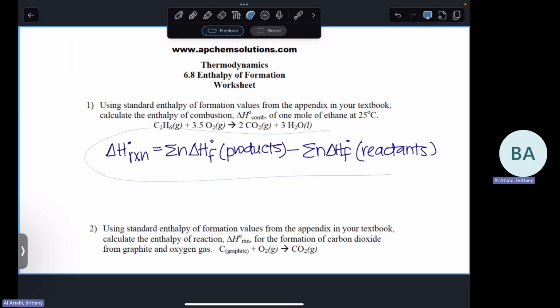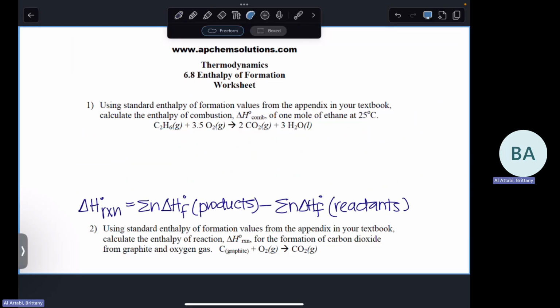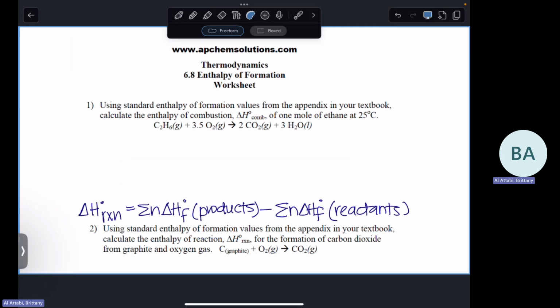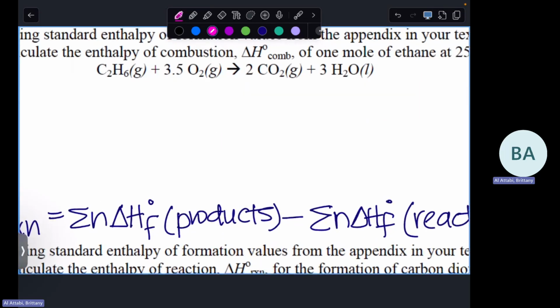All right, so we are going to go to this table that I just pointed out to you, and we are going to find the standard enthalpy of formation or standard heat of formation for all of these compounds. Pay close attention to the state function, which is the G or the L, as you're pulling these numbers.